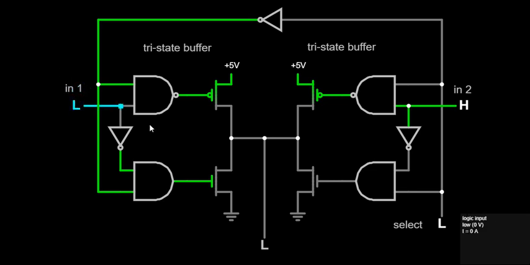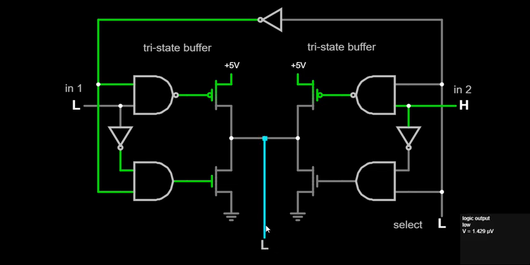Now we see, if the input is high, the output is high, and if the input is low, the output is low. So you can see high, low, high, low. Now we see the effect of input 2 at the output.